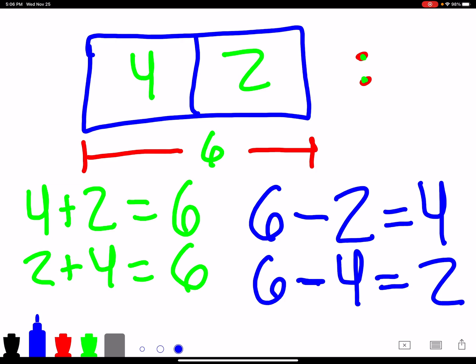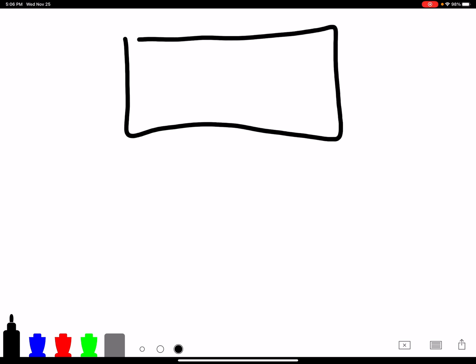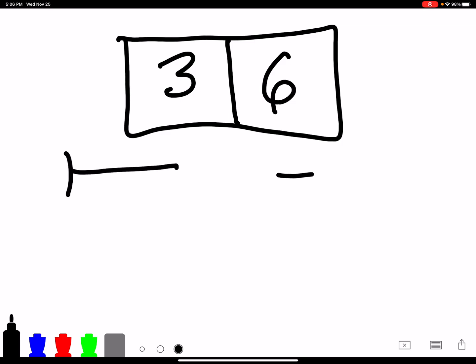And I know in your Big Ideas math book, it has mystery numbers for you to solve. So let's try another example. Let's look into your examples in Big Ideas math. So we have 3 and 6, and then we have a mystery at the bottom. So your whole is down there.